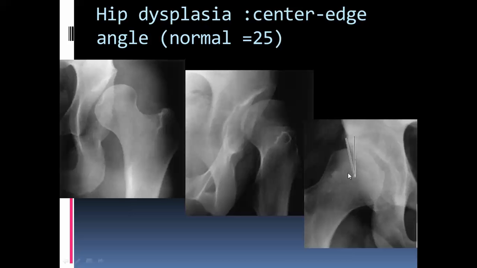Here it is. A vertical line from the center of the head up, and a line from the edge to intersect with this one. It will make a small angle. Here is the hip dysplasia appearance with the shallow acetabulum. Center edge angle less than 25.